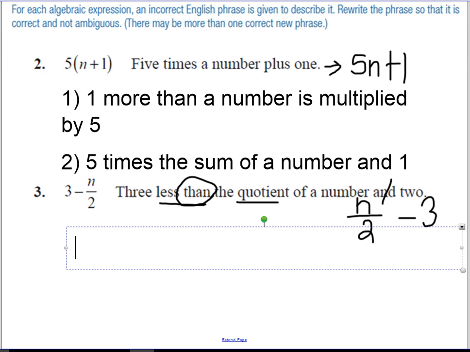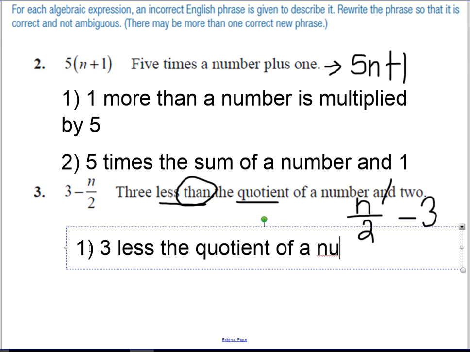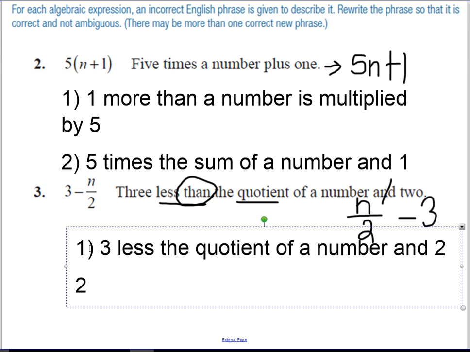And so we could change it by simply taking out that word. So we can just write 3 less the quotient of a number and 2. So just deleting that word than makes a big difference.